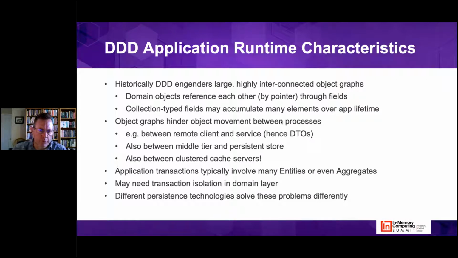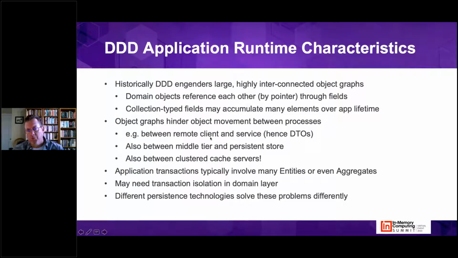They reference each other by pointer references through fields of classes. There's also a phenomenon where a collection-typed field may accumulate many elements over the lifetime of a business application, or even an application server instance. We see this with Coherence customers where there may be collections that have tens of thousands of elements, and that causes some unique challenges.